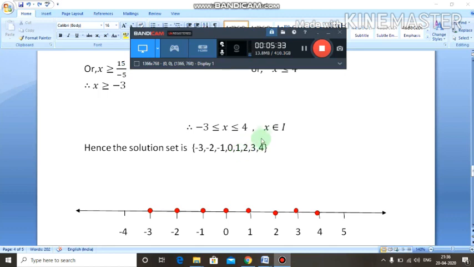But since the answer is integer only, that is why we have marked only the integers. If in the place of I, suppose there is a real number, then in the case of real numbers, we have to mark all the numbers between -3 and 4. In that case, we have to use the line in the previous way.